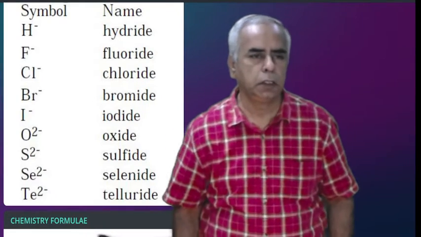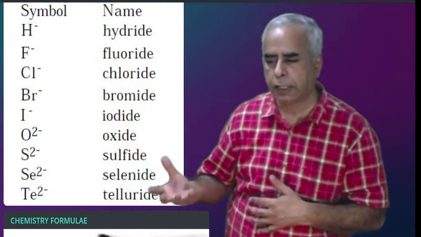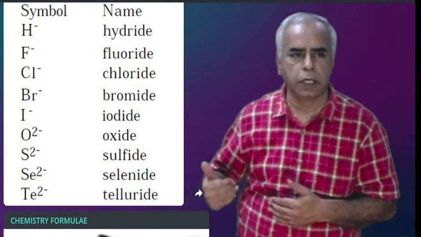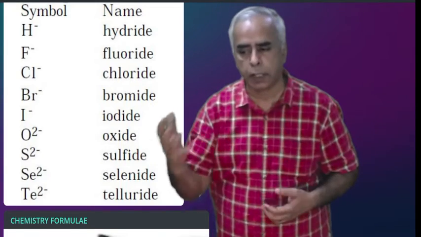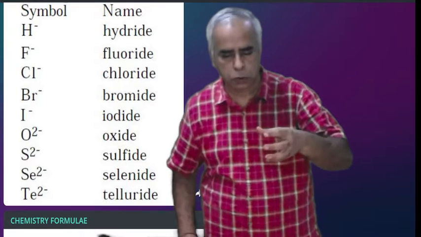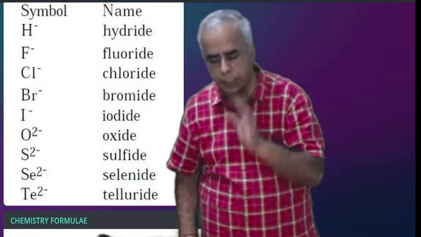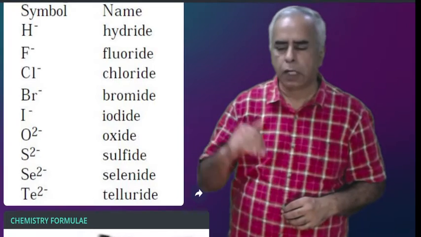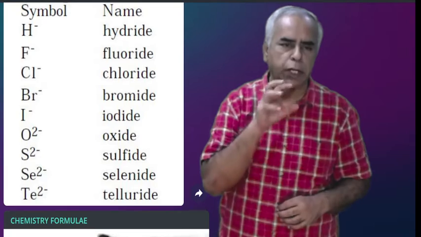Similarly, these elements can also have a negative charge, as in the case of hydrogen. Hydrogen can have both positive and negative charge. When it is positive, it is H plus. When it is negative, it is H minus, and it is called hydride. By convention, anions are named last and cations are named first.